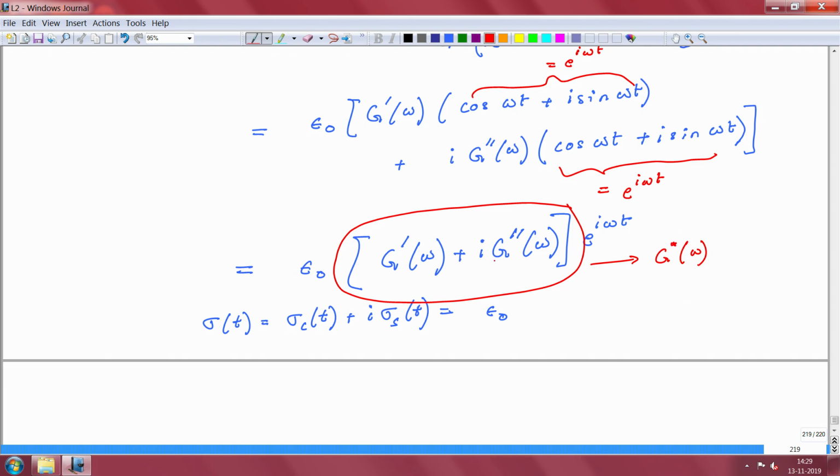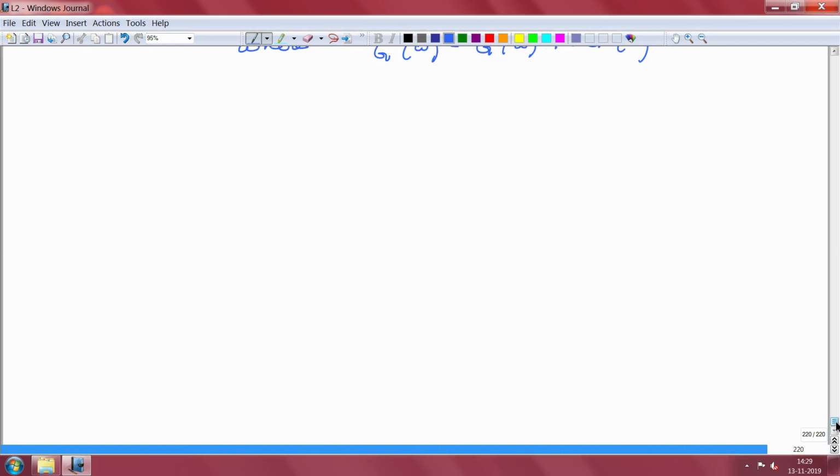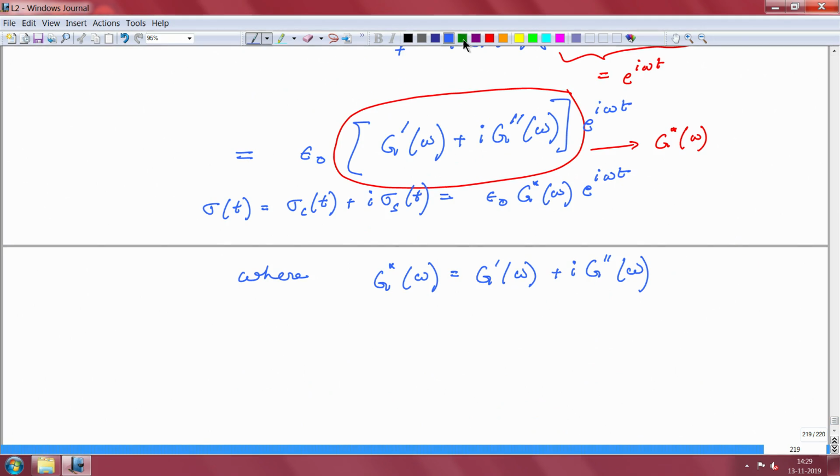So, this is equal to G star omega e to the power I omega t, where G star omega equal to G dash plus I times of G double dash. And this is a very important number. This is called the complex modulus.